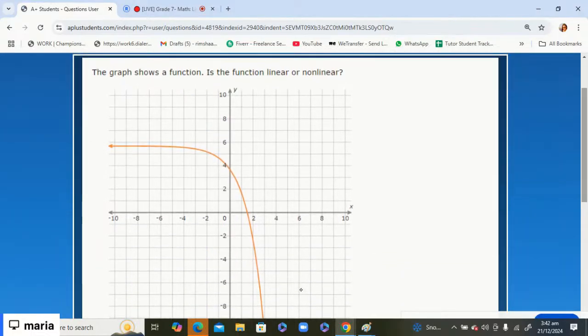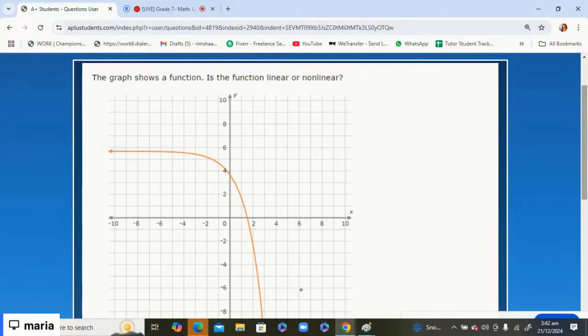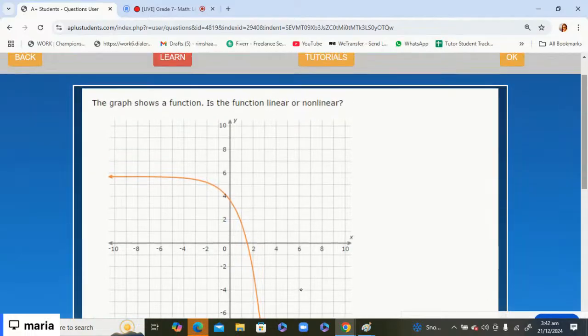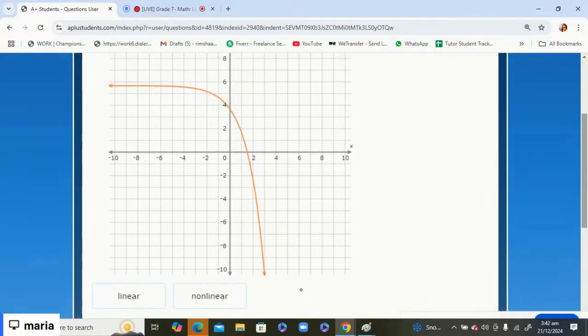All right. This graph shows a function. Is the function linear or non-linear? So look at here, the graph. Is this a straight line?